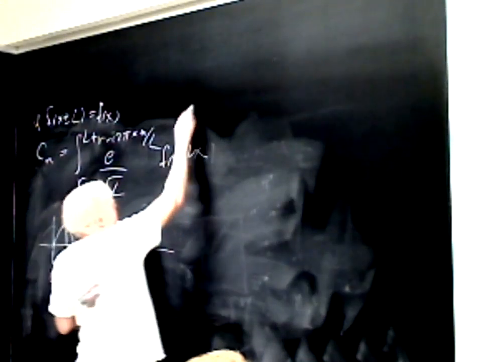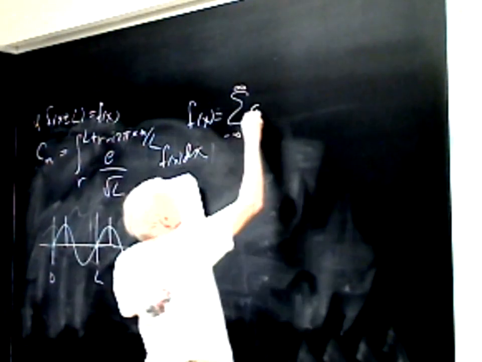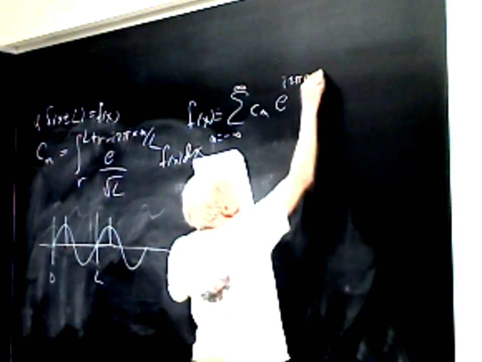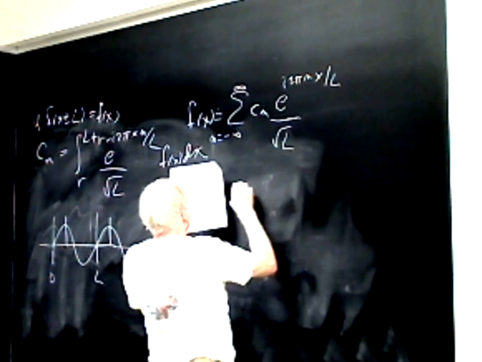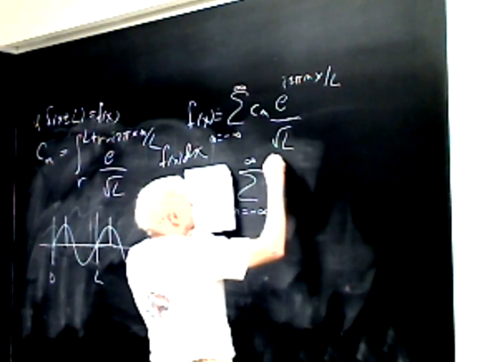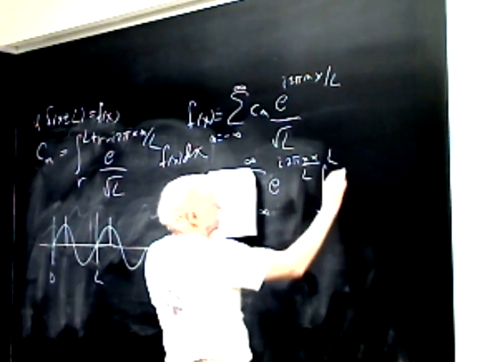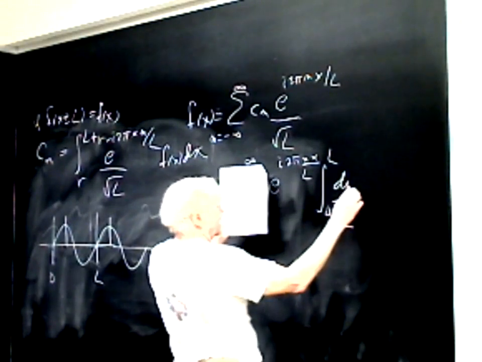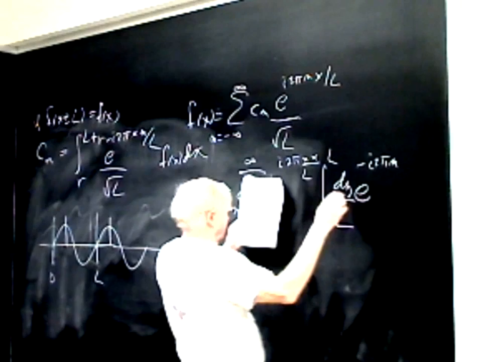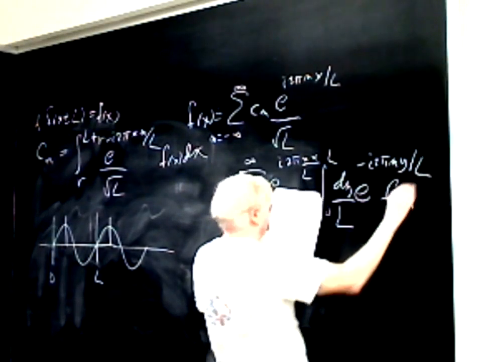So now, if we put this all back together, what we have is f of x is the sum from minus infinity to plus infinity on n of Cn e to the i 2 pi n x over L divided by square root of L, and then we can rewrite that as the sum of e to the i 2 pi n x over L times the integral 0 to L dy, and now the two square roots of L combine, and you have e to the minus i 2 pi n y over L. That's y.